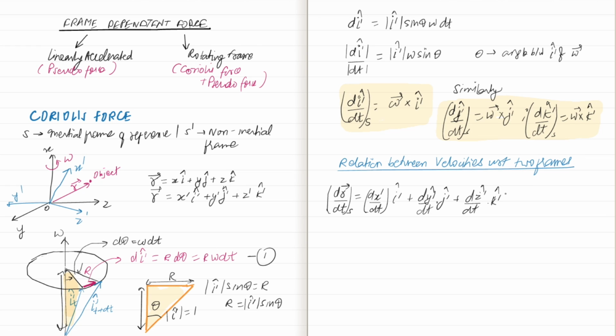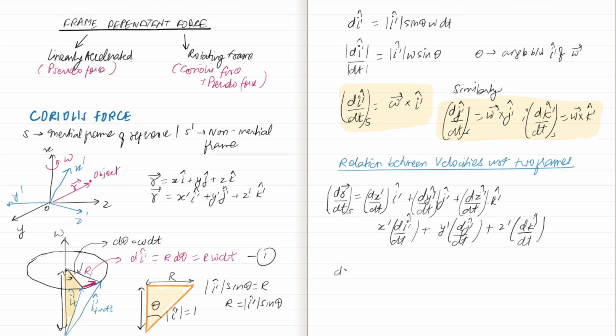And again i dash, j dash and k dash are also changing, so we have to include that as well while differentiating. So we will have three more terms, which will be x dash d i dash cap by dt plus y dash d j dash cap by dt plus z dash d k dash cap by dt. Now dx dash by dt i dash cap plus dy dash by dt j dash cap plus dz dash by dt k dash cap is nothing but dr by dt with respect to S dash.